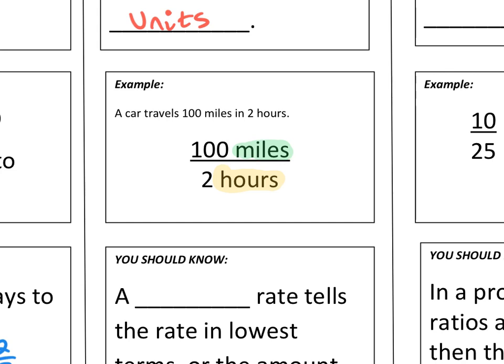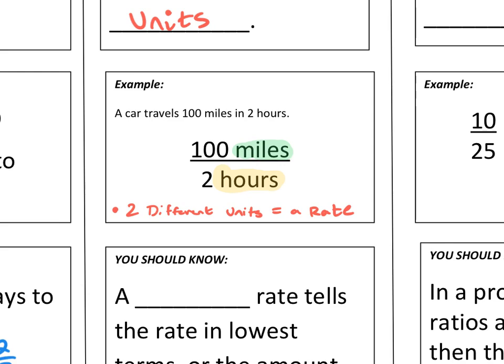I'm just going to make a note here: 2 different units equals a rate. That's exactly what it said above, but it never hurts to write it down. The more you write it down, the more you get it.